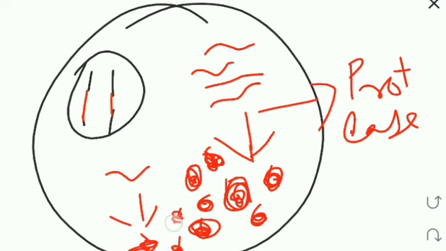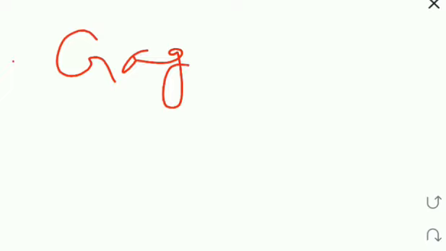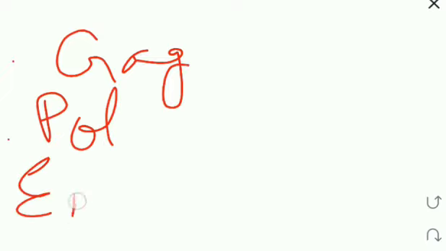What are these proteins, by the way? These proteins are GAG, POL, ENV, and then other proteins.